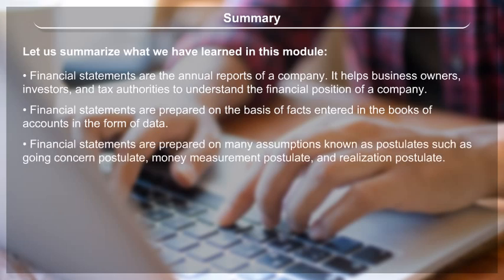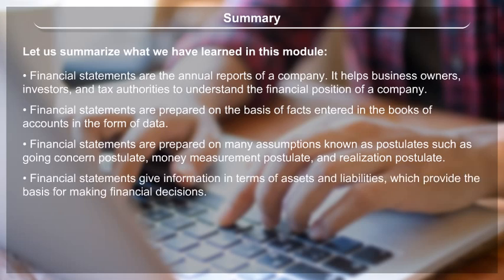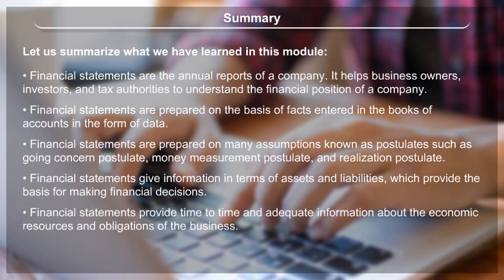They are prepared on many assumptions known as postulates, such as going concern postulate, money measurement postulate, and realization postulate. Financial statements give information in terms of assets and liabilities, which provide the basis of making financial decisions. They provide time-to-time and adequate information about the economic resources and obligations of the business.